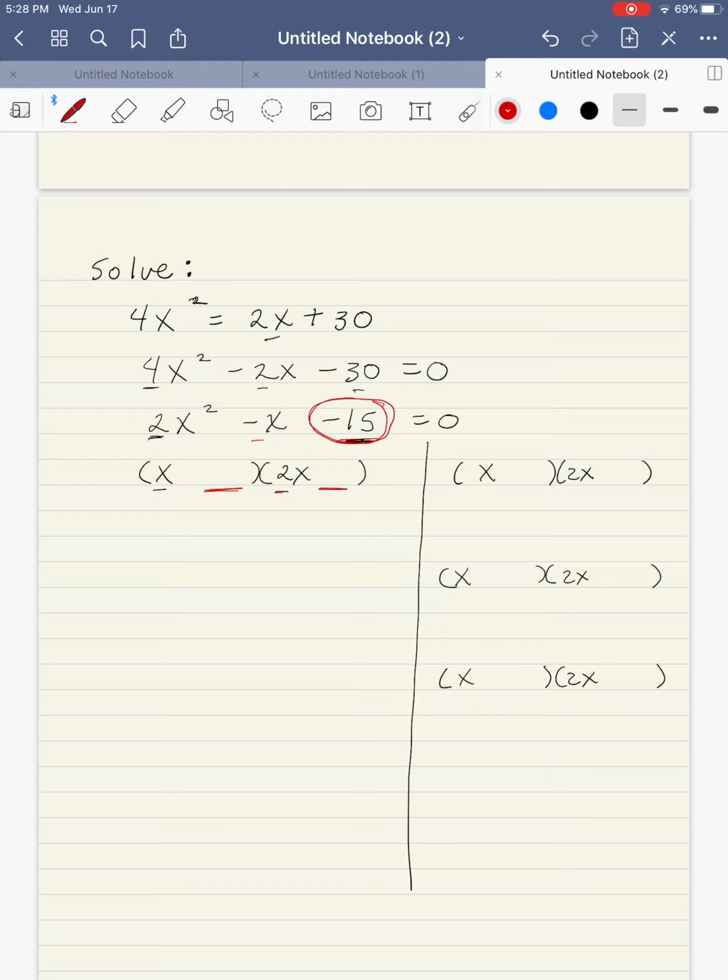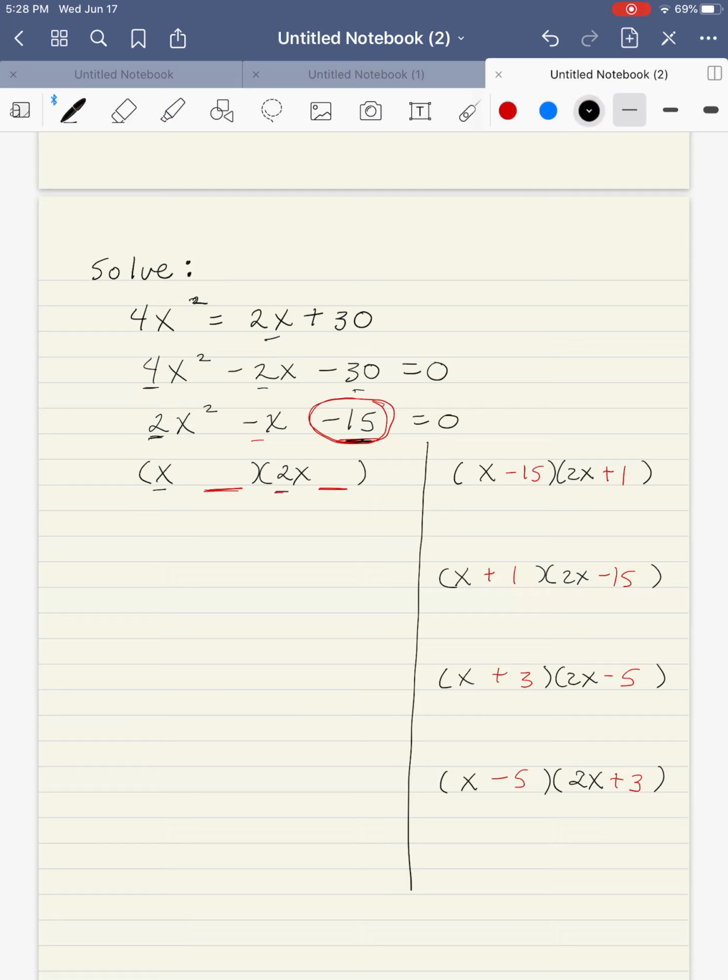So I think of different ways I can multiply to get negative 15. Negative 15 and positive 1, or positive 1 and negative 15. Or I could have positive 3 and negative 5, or negative 5 and positive 3, or I could have the signs changed on each of these.